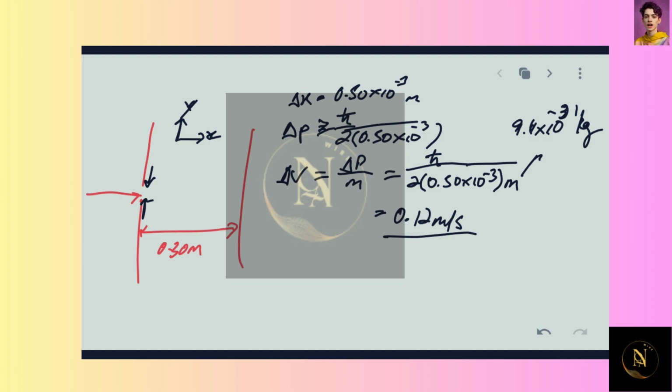Now to find the uncertainty in the position of the point when it strikes the screen, say we have an electron that is moving towards the screen.